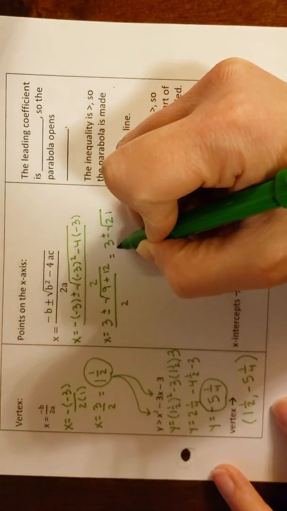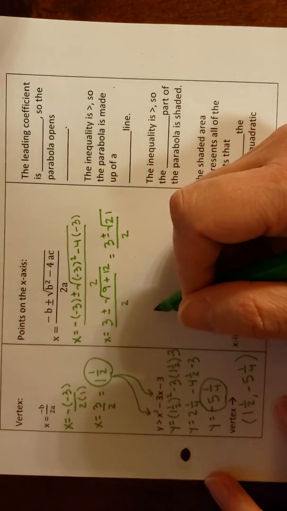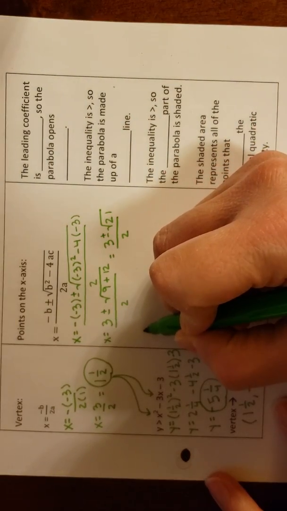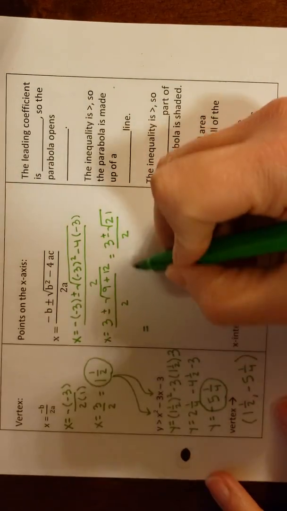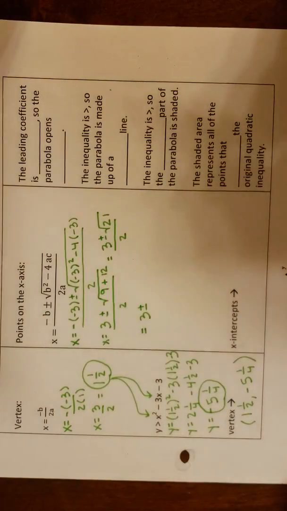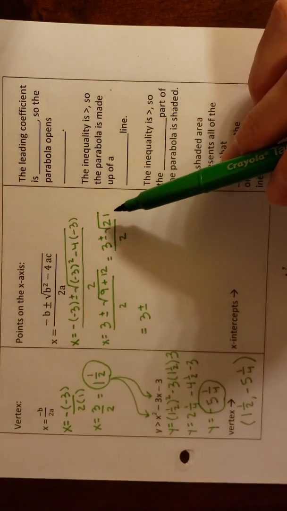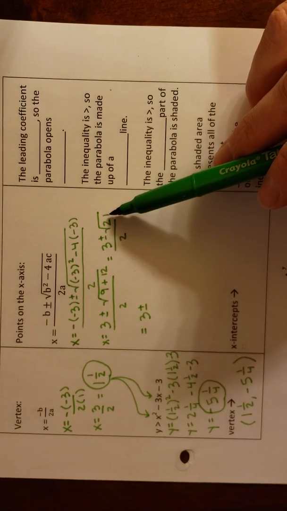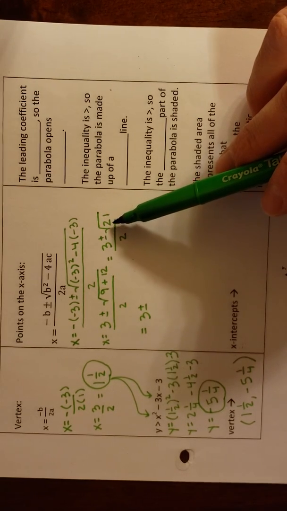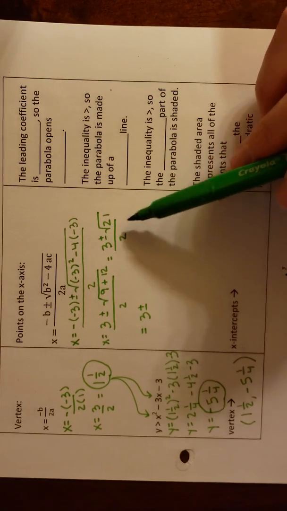See where I mean? This is not a perfect square. Equals 3 plus or minus. Okay, so remember when I said that it's really not a good idea to round? So we would want to typically break this down. So like 9 times 3 is 27, square root of 9 is 3, so 3 square roots of 3.